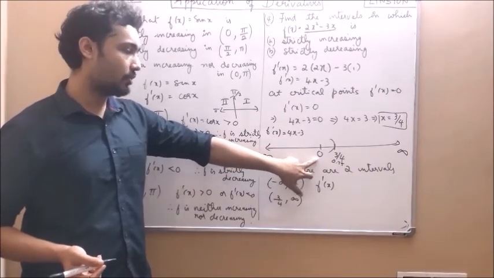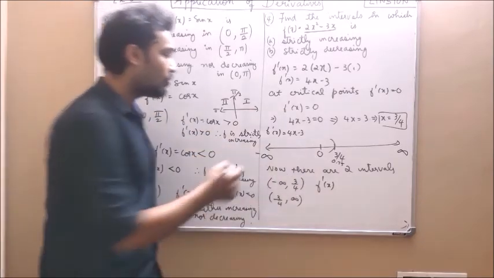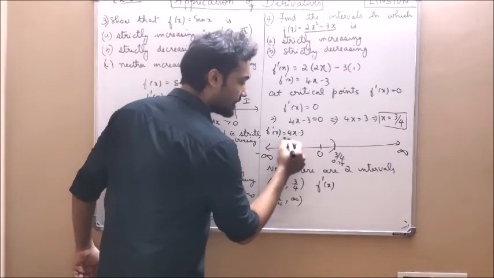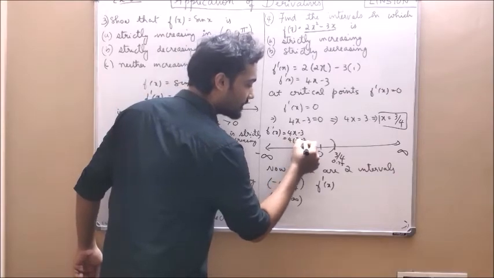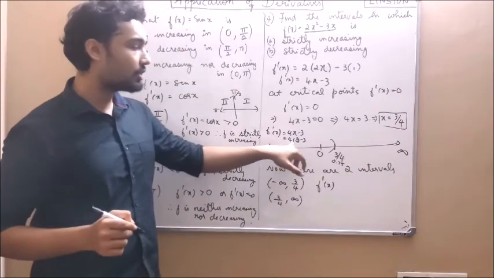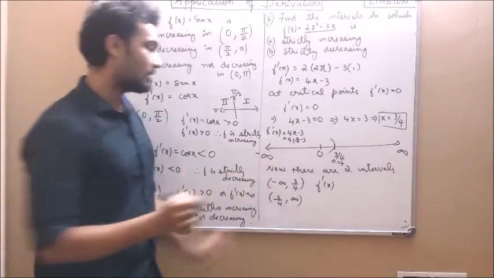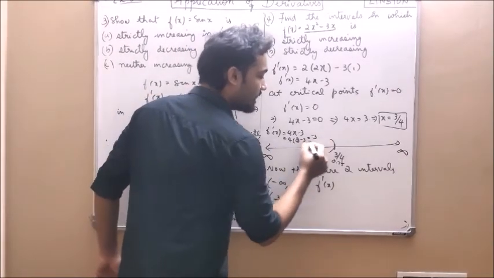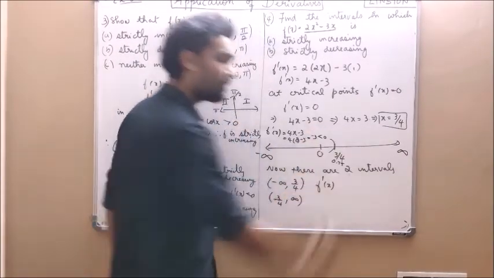So if you take 0, substitute here. What is f dash of x? 4x minus 3, 4 into 0 minus 3, which is minus 3. So this is less than 0, right?